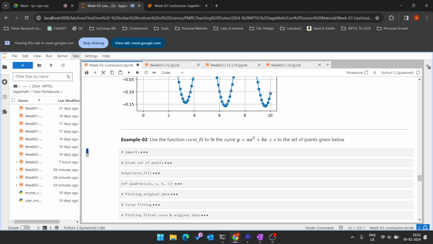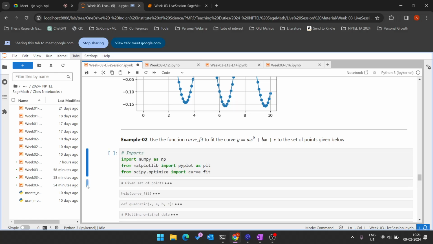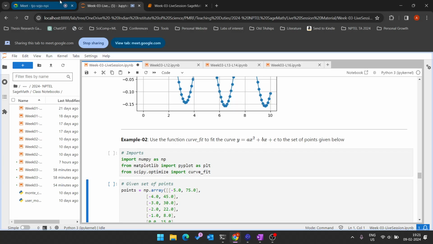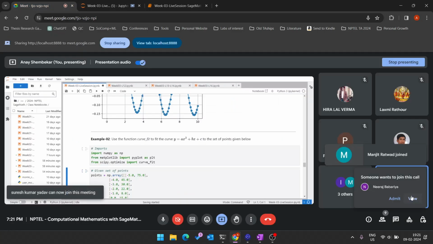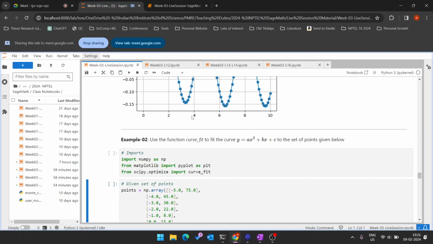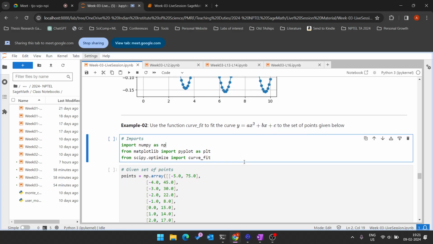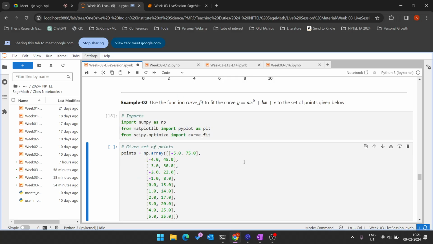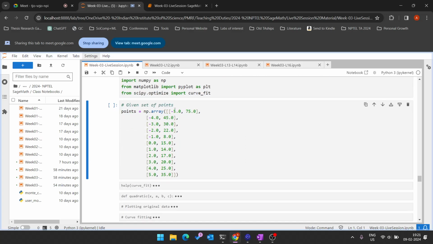I have already included the points here directly in the code itself. Okay, we'll first start by doing the necessary imports, which are again your numpy, matplotlib pyplot, and curve fit from scipy.optimize.